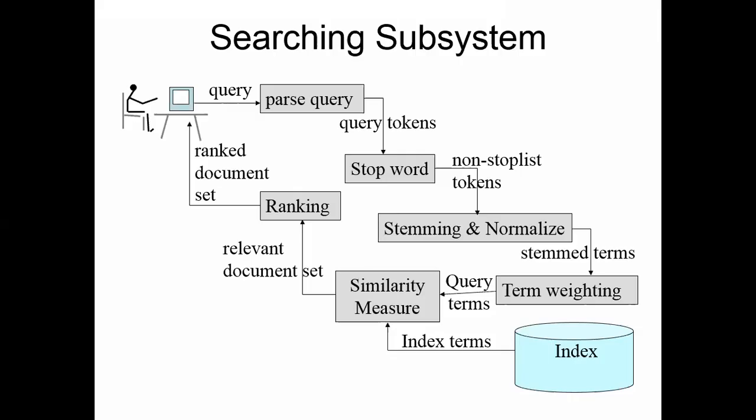That means if it is registering a similarity score greater than 0, that document becomes relevant. The document is irrelevant if it registers a similarity score of 0. A 0 similarity score means the document is irrelevant for the query.